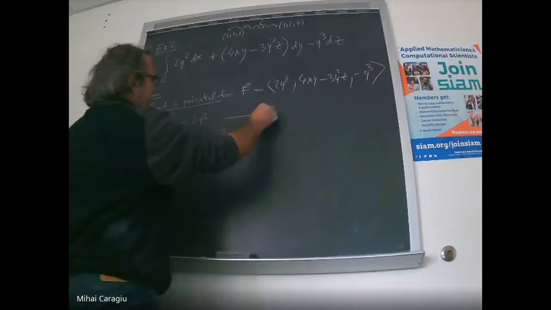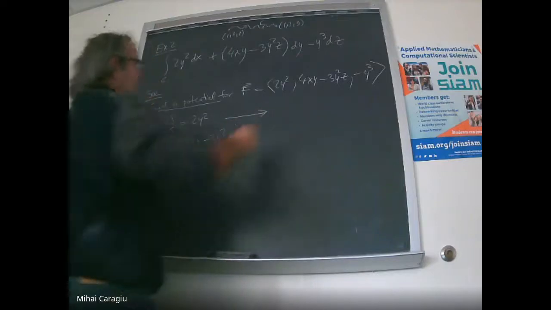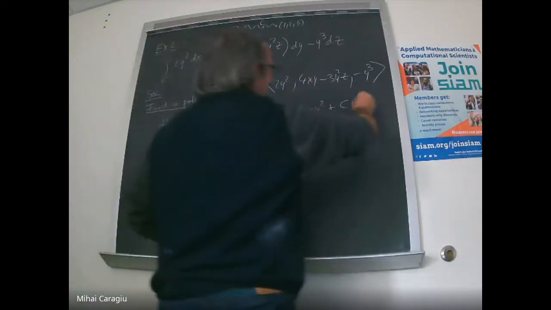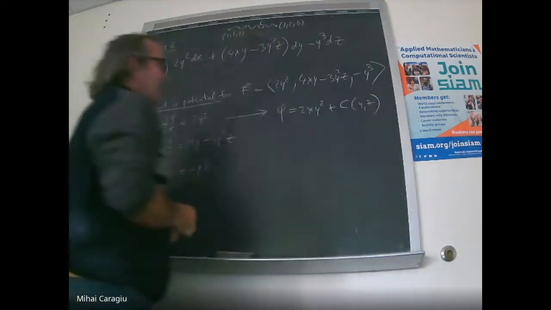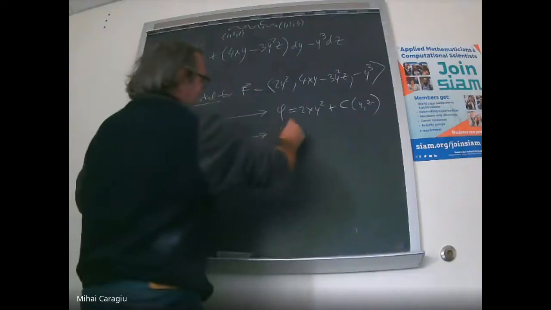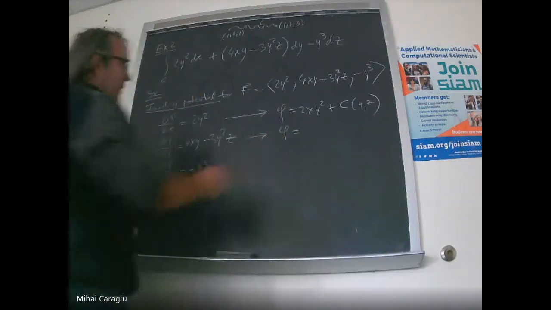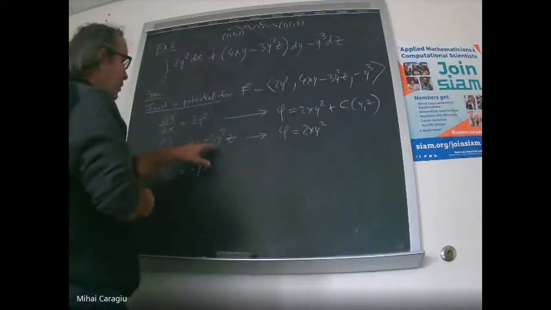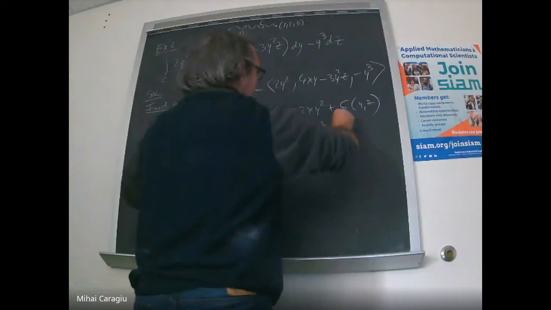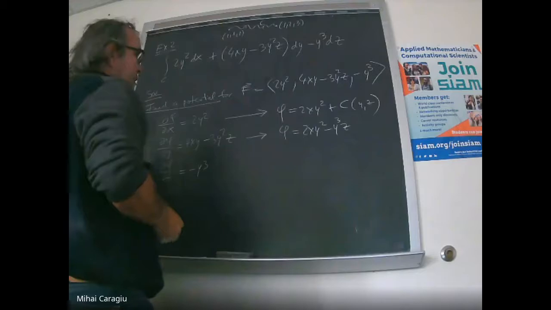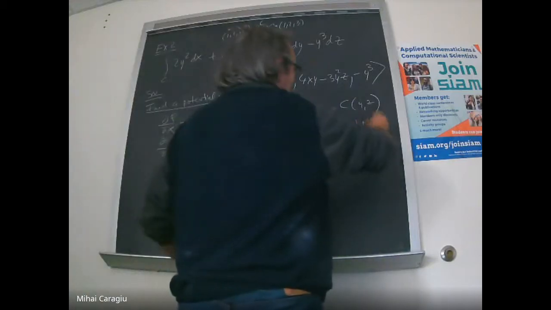From the first relation, by integrating in the x variable, phi will be 2xy squared plus a constant c which depends on y and z. From the second relation, by integrating in the y variable, phi will be 2xy squared, the integral of the first one, minus y cubed z plus another constant d of x and z.